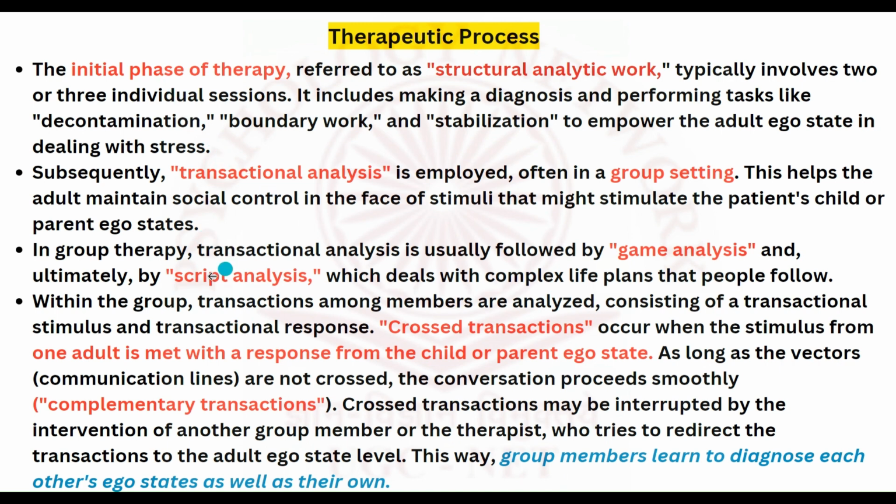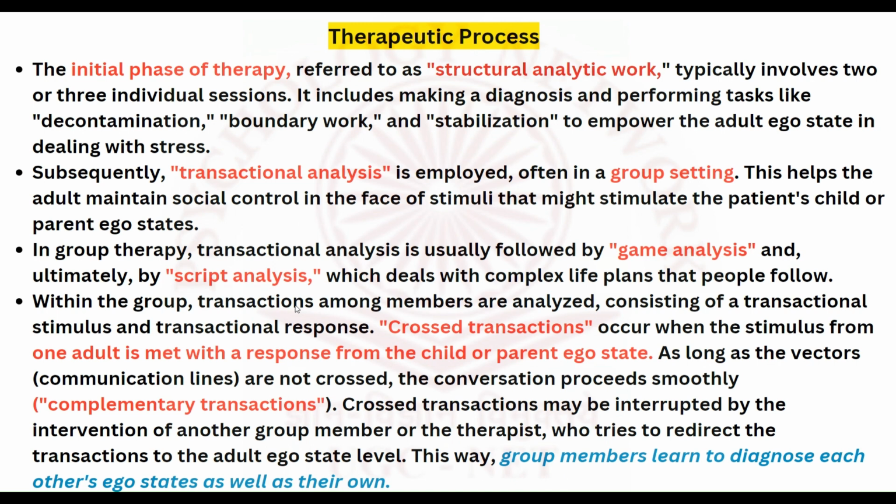Now, these words you can remember for UGC: script analysis, game analysis, cross transactions. These are all related to transactional analysis. Just remember these words so it becomes easier for you if the question comes. All the members in that group setting have already had the structural analytic work done, which is the 2 to 3 sessions with the therapist.